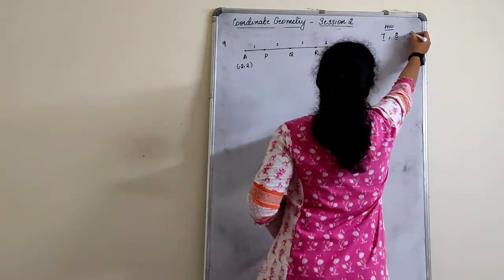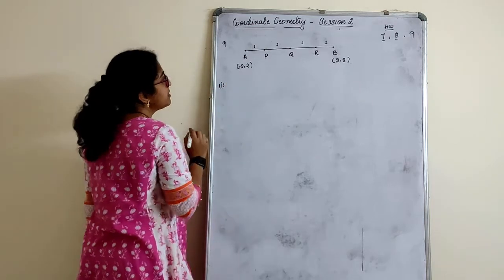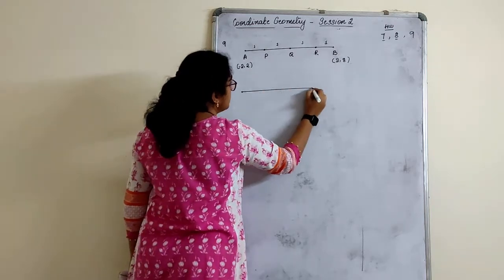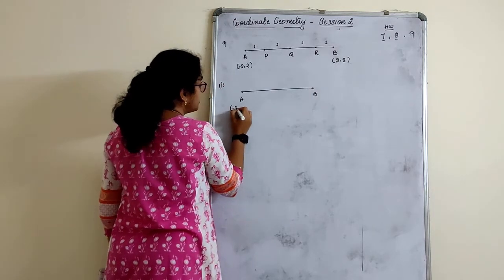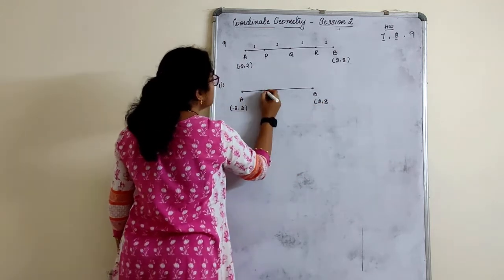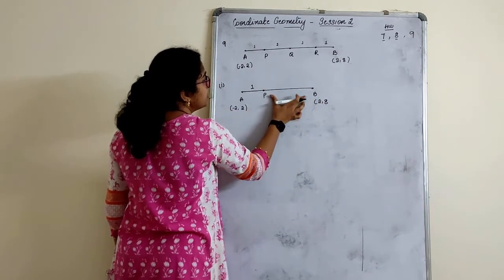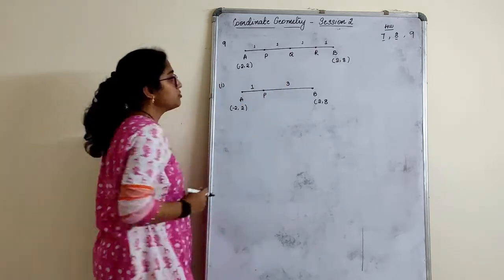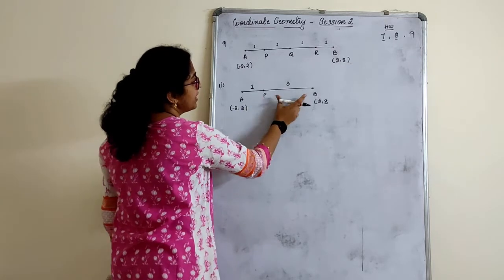This comes under homework. I'll explain, but this is what you have to do point-wise. First segment, what you will do is consider A and B, which are -2 and 2 and 2 and 8, and only the point P you will consider. 1 is here, so this will be 1:3. So the P point you will find with the help of this.